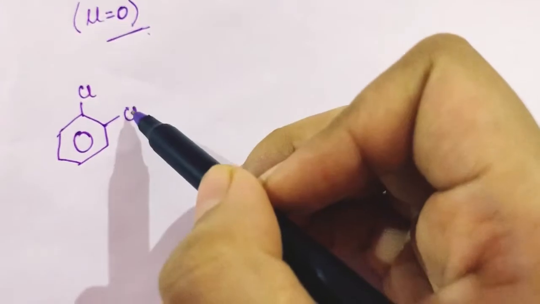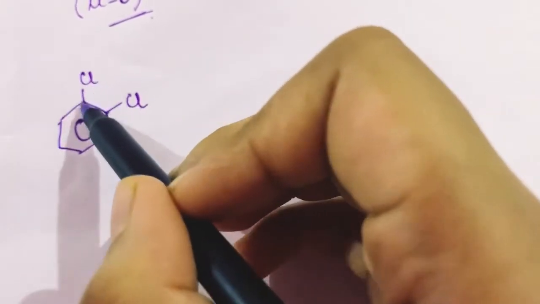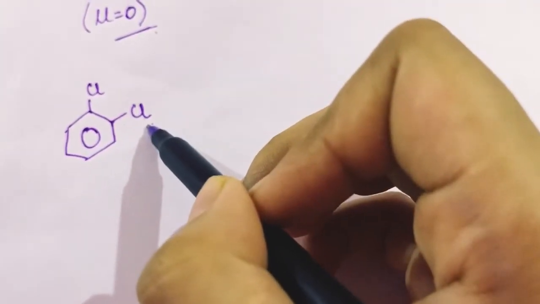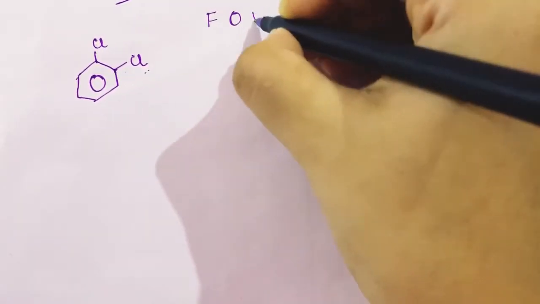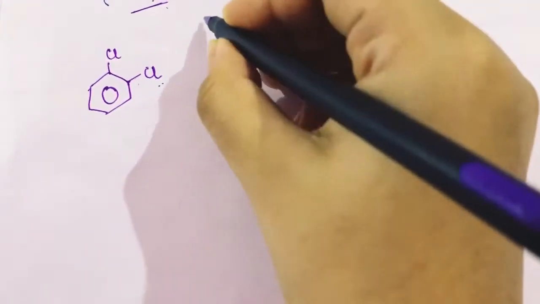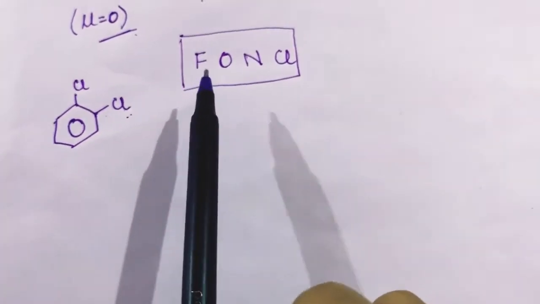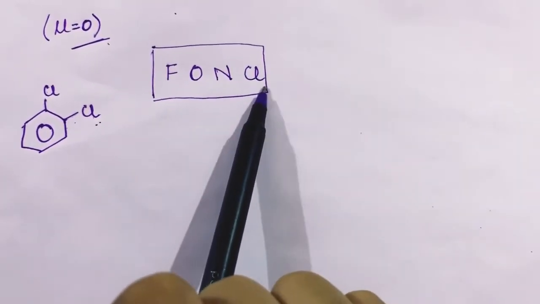Here we can see that a chlorine atom is connected to carbon in both the cases, and chlorine is more electronegative than carbon. We should just know the names of the first four most electronegative atoms, that is fluorine, oxygen, nitrogen, and then chlorine.